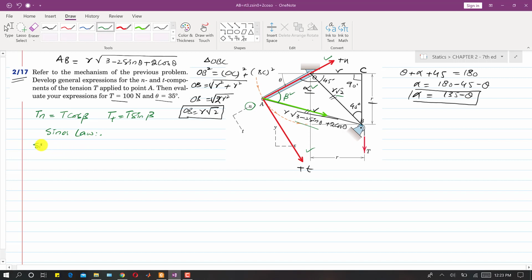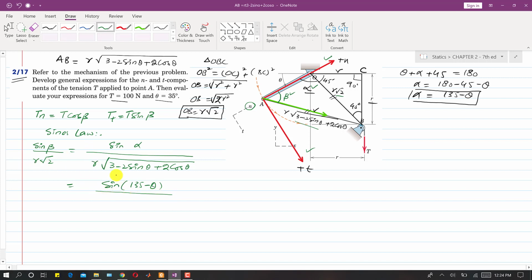Sine of beta divided by the opposite side, R under the root 2, equals sine of alpha divided by R under the root of 3 minus 2 sine of theta plus 2 cos of theta. And sine of alpha is sine of 135 minus theta.